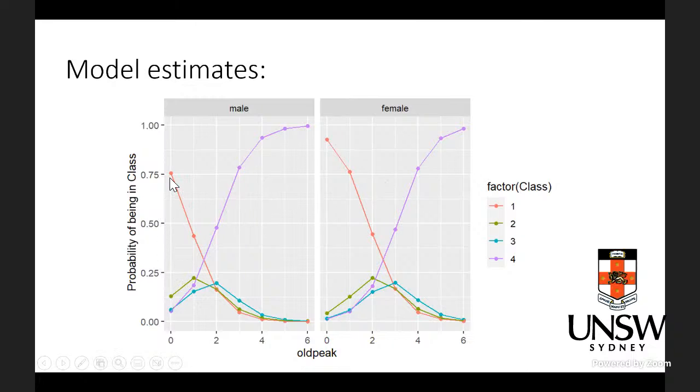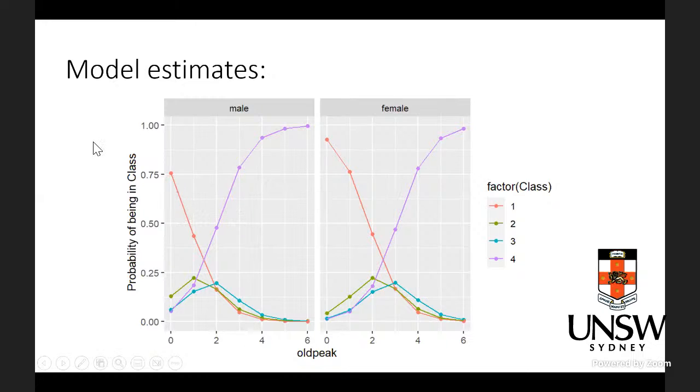So this is sort of saying at 0, there's a 75% chance if you're male of being in class 1, having no disease. But if your old peak is 4, then you've now got a 95% chance of being in old peak class 4. And similarly for females.